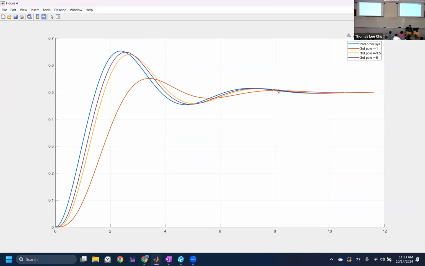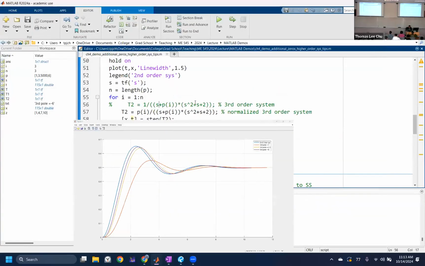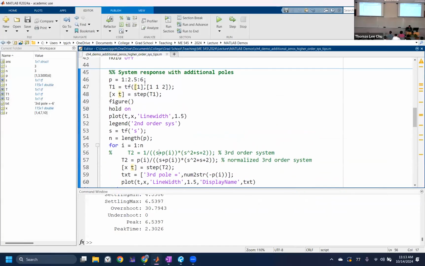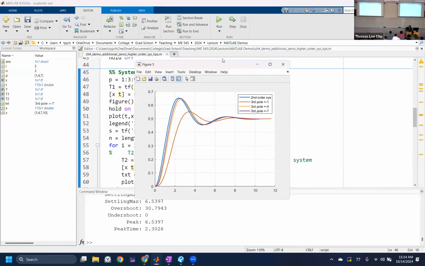So you can see this decay is a lot slower. But the pole at -3.5 and the pole at -6 decay a lot faster, so they're more similar to the second order system. Maybe I'll even do 3 and 9 instead and see. Yeah, so with poles at -1, -4, and -7, you can see the differences.